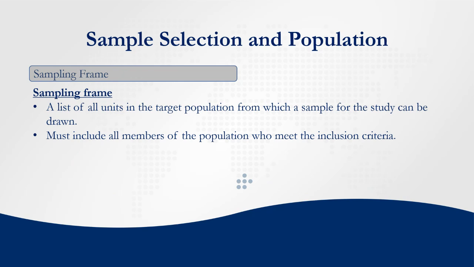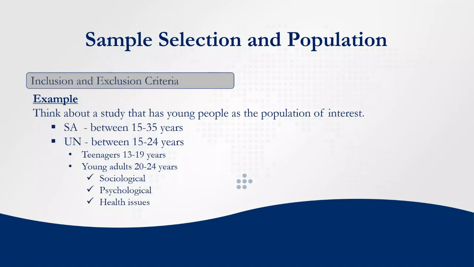So I spoke about definitions. If, for example, you look at your study broadly and you want to look at young people, then you'll have to say there are different definitions, right? So which definition are you going to align with? This is also influenced by accessibility.